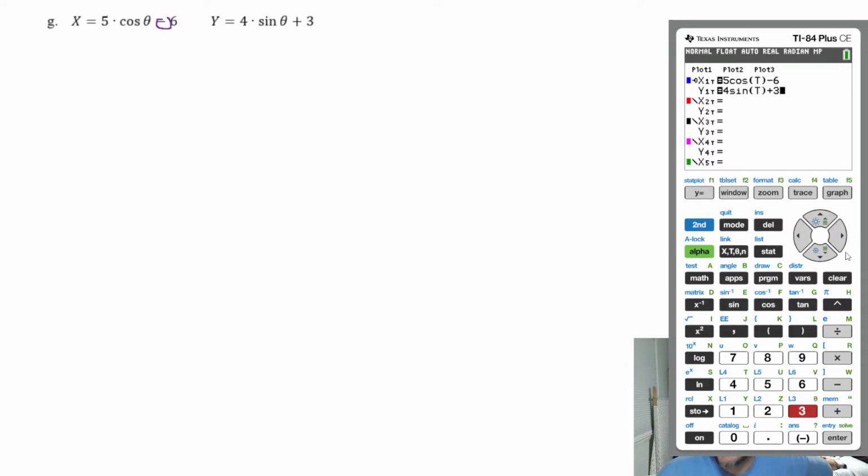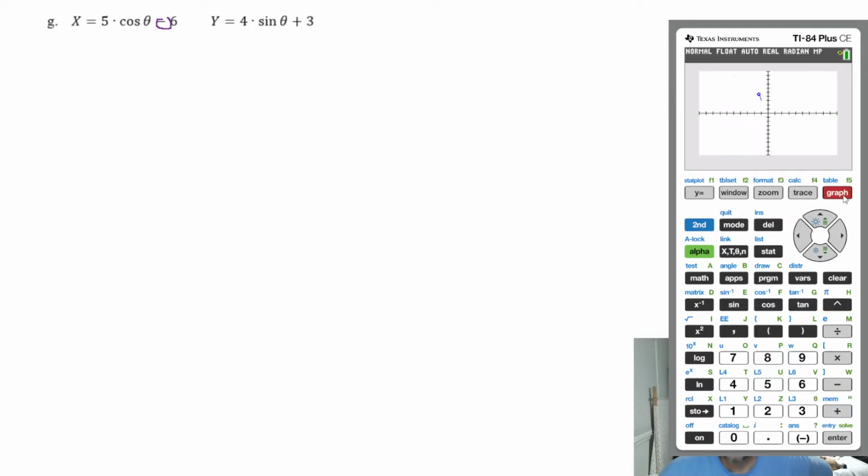Just hit graph, but give the full interval. 0 to 2 pi is plenty. So we're starting in the same place even, rotating in the same direction even. So nothing changed but the dimensions of the ellipse. There's just nothing interesting to talk about for G, so I won't talk about it.